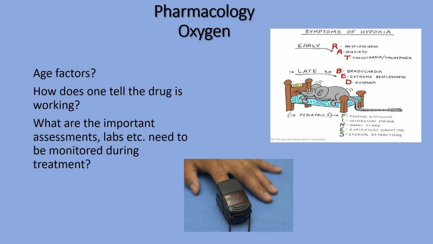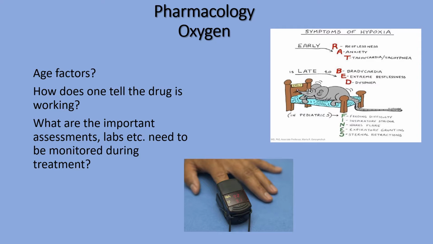And you can also give somebody who has horrible COPD too much oxygen, and that will take away their hypoxic drive to breathe. So yes, there is monitoring that you have to do when you're giving oxygen.